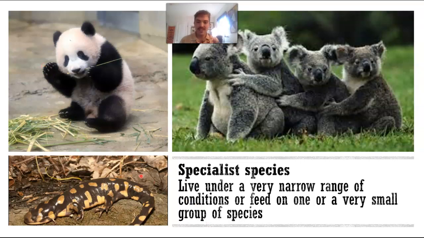And then we have a specialist species. And these live under a very narrow range of conditions, or feed on one or a very small group of species. So these guys only eat eucalyptus leaves, the koala bears. So cute. I love them. And the panda bears, they only eat bamboo, and they live in a very specific type of environment.